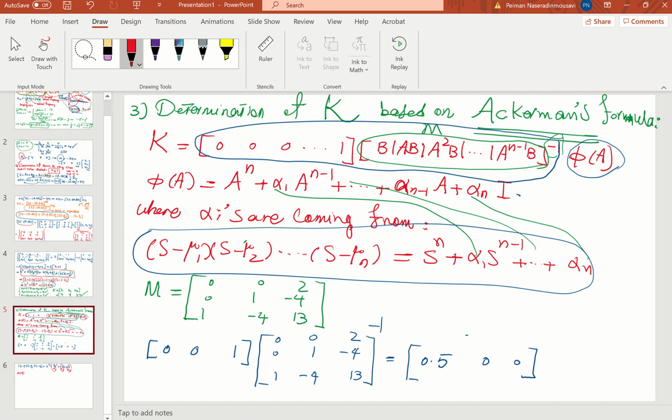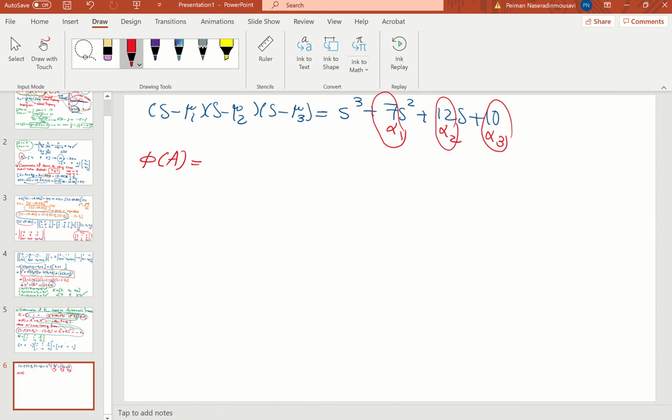Phi of A is matrix A to the power of 3 plus alpha 1. Let me write this. Look at here, guys. Matrix A was 0, 2, 0, 0, 0, 1, minus 1, minus 3, minus 4, to the power of 3.